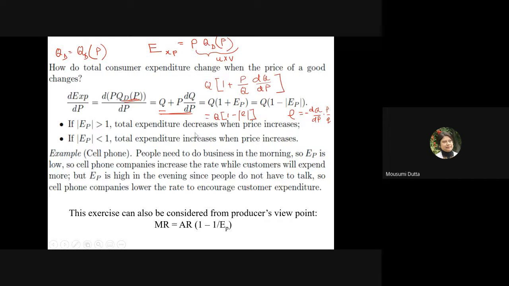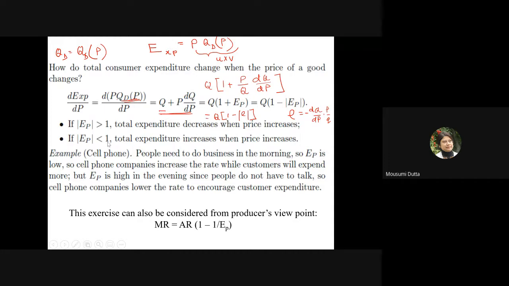That means expenditure decreases when price increases. So other things remaining constant, if price increases, consumers' expenditure on a particular commodity decreases.